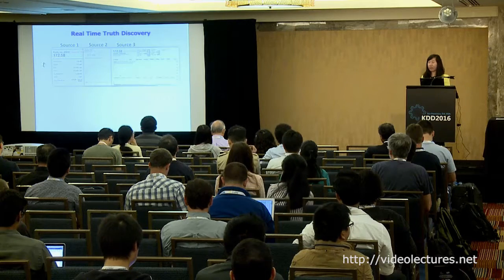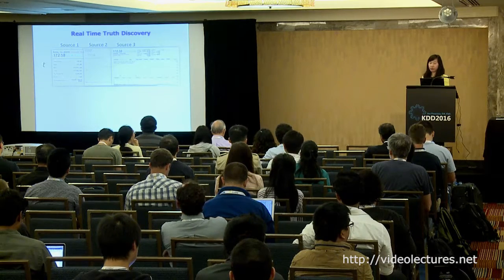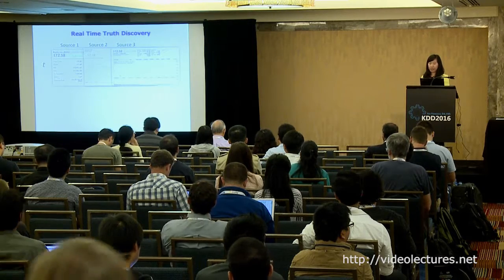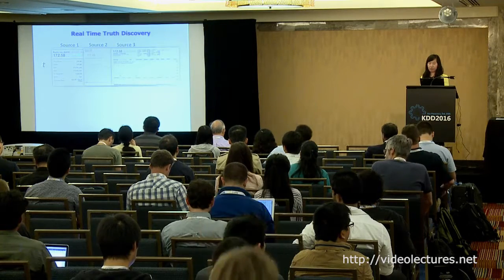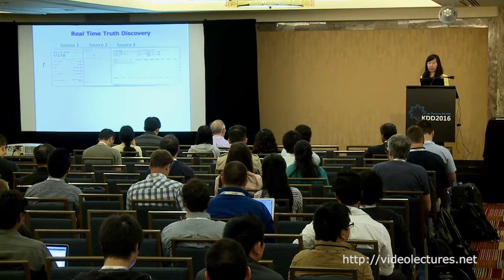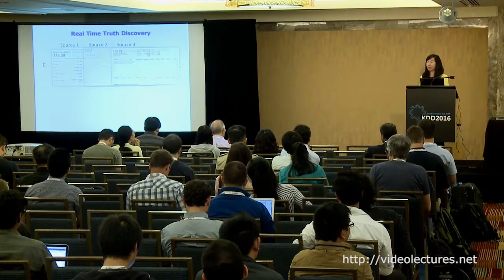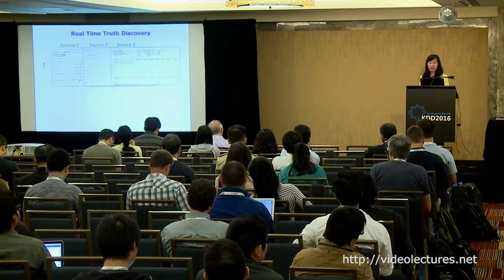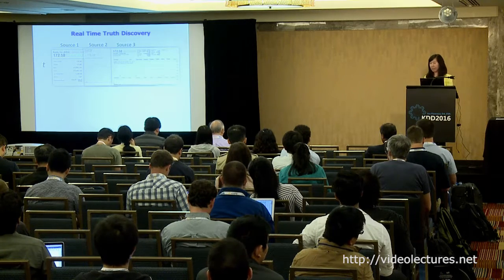The next topic we will talk about is real-time truth discovery. This is work my other student Yaliang Li has done, and we published this paper in last year's KDD. The problem setting is as follows.